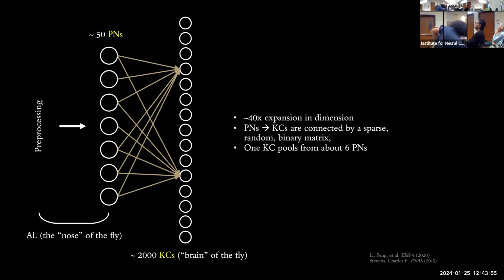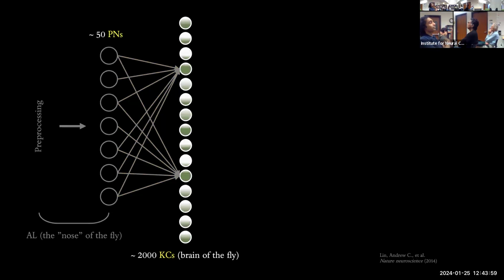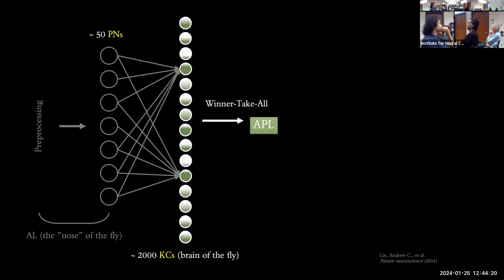And after this expansion in dimensionality, here comes another interesting manipulation. Now that the odor is represented by a 2000-dimensional vector, each with different activities, the 2000 Kenyon cells will send their activation to a single neuron called APL. APL is a very large neuron in the fly brain. Actually, there's only one APL in each hemisphere of the fly brain.